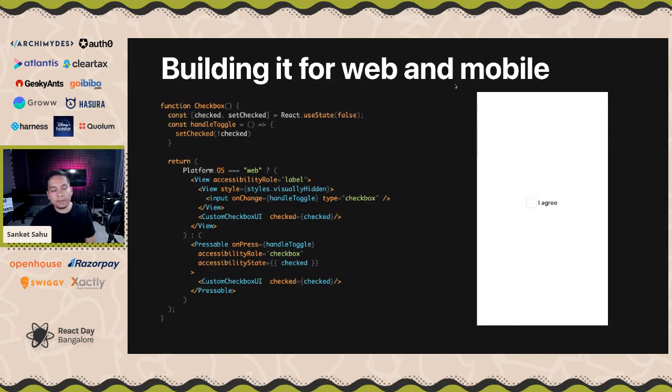So this example covers only a part of accessibility. There are a few things that are not handled, say the inactive state or the disabled state or the error state, and a bunch of other things that come in the web ARIA spec or the mobile ARIA spec. And this is only a simple example of checkbox, right?